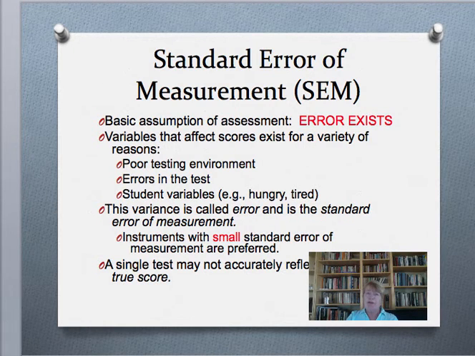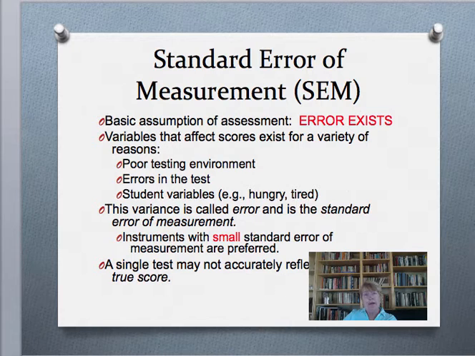So we have internal error, which is error in the test itself, problems in the test itself that contribute to fluctuation of scores. And then we have external error, which is problems in the environment or the examiner or the examinee that contributes to fluctuations in scores that affect reliability.